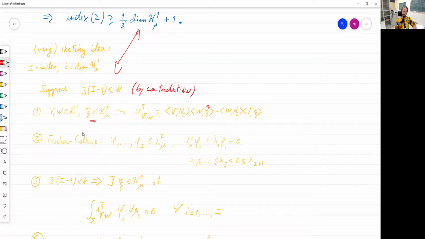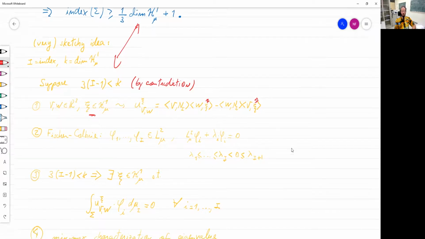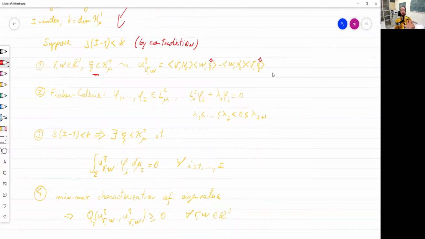This is actually the dual vector. So psi is a one form and this is a vector field. You define this function here on sigma, and these are going to be our test functions. This is Szavo's test function, similarly defined to how Szavo did it for minimal surfaces in S3.